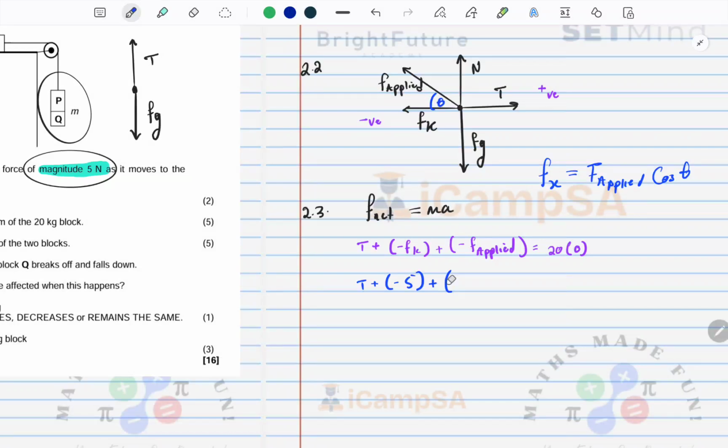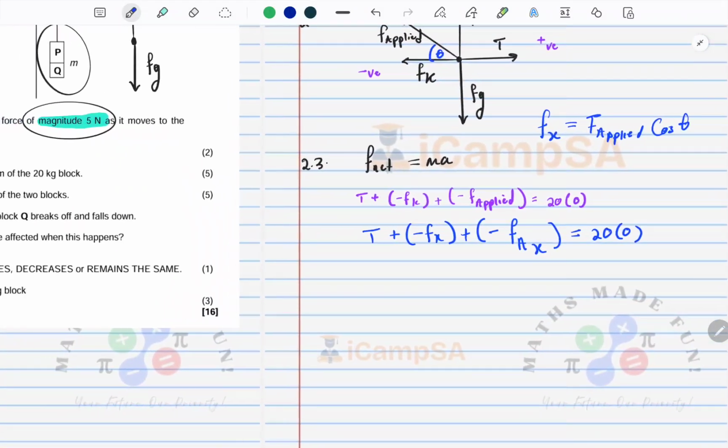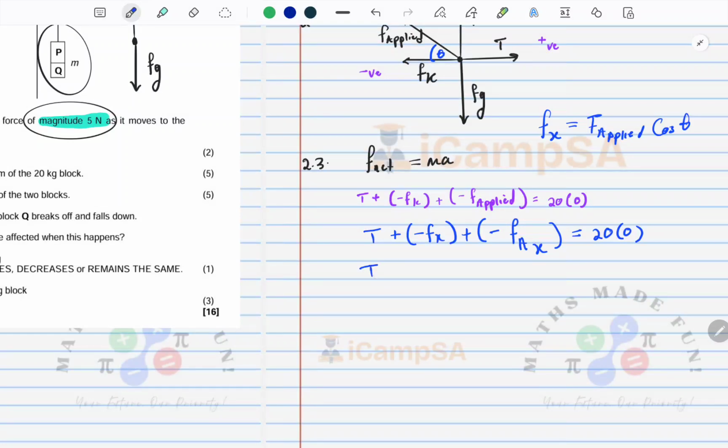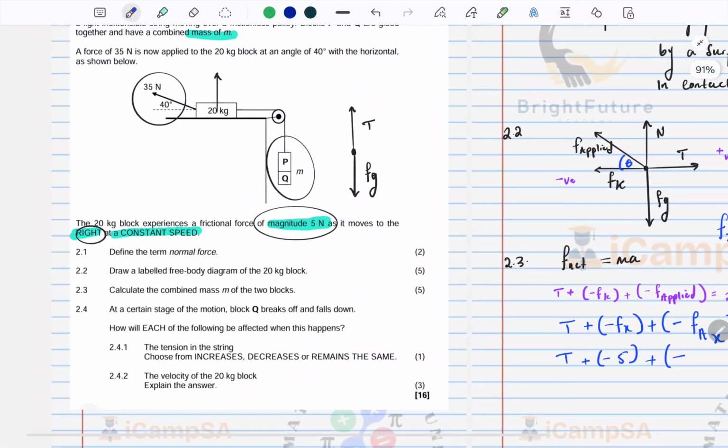Okay, so if we go back a bit, we can say T plus minus Fk, then plus minus F applied X, all equals 20 times 0. So when we carry on, we have T plus minus 5, then plus minus F applied, which you were given as 35.